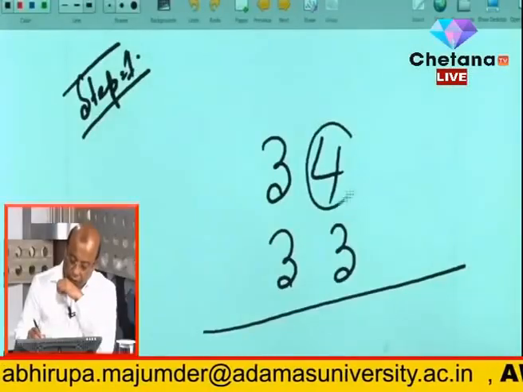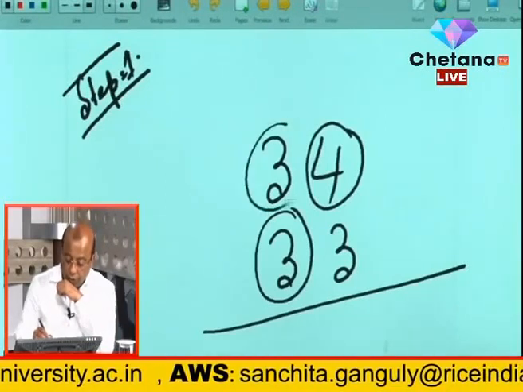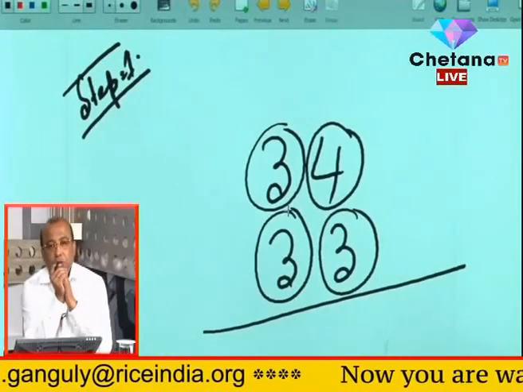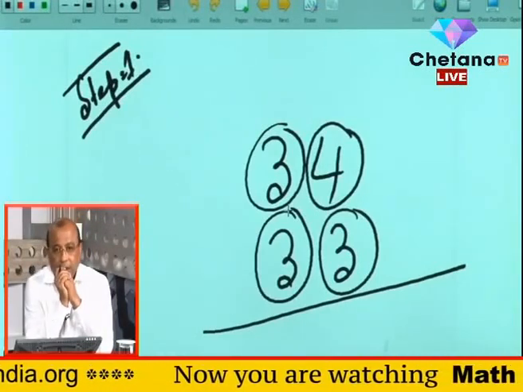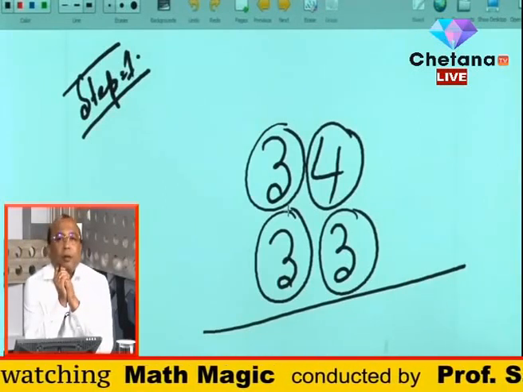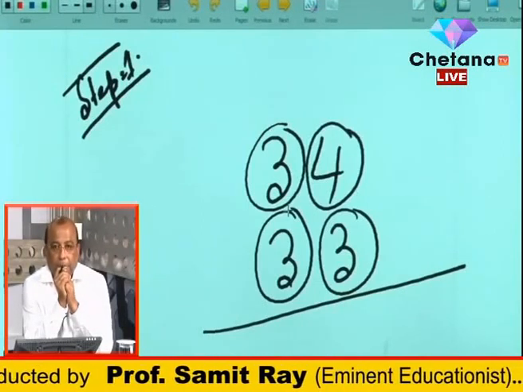Next cross, 3 into 4, 12, and 3 into 3, 9. 12 plus 9, 21, 1 in hand, 22, 2 in hand, again straight, 3 into 3, 9 plus 2, 11.